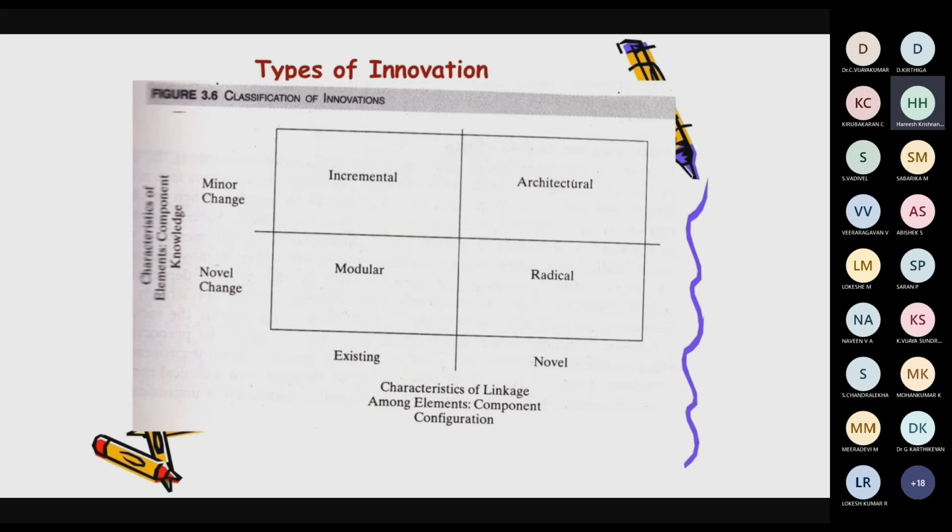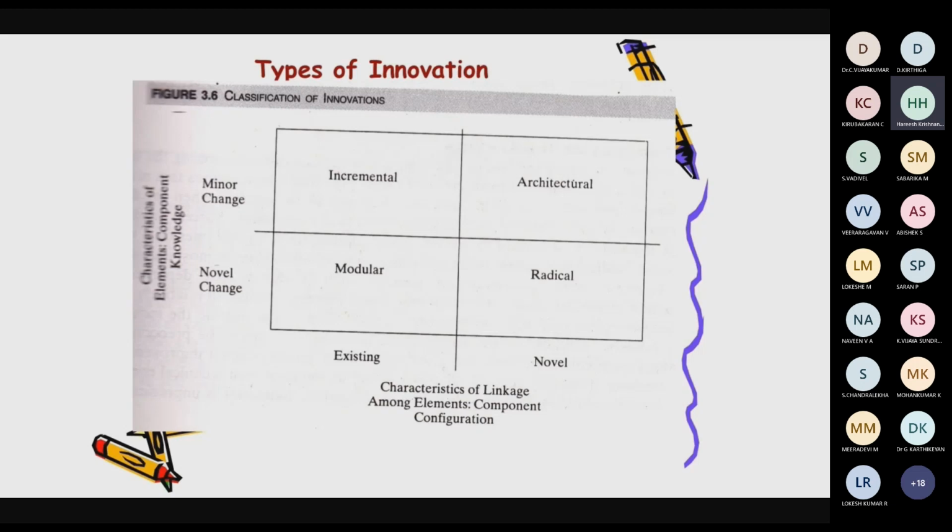In the case of the digital telephone, the digital concept in the case of telephone is a new one. But the telephone components, that is the component configuration, were all existing at that time. But the digital technology or digital knowledge or digital software was implemented only at that time. So for that product technology, we can take digital technology as a modular type.